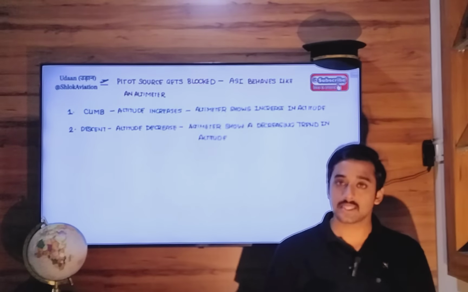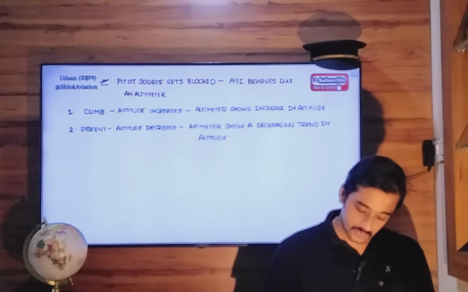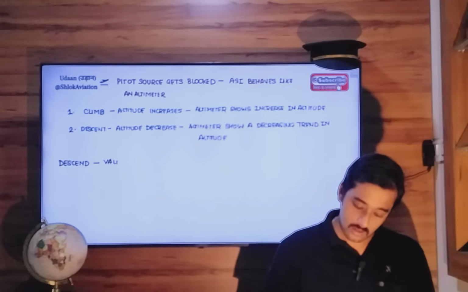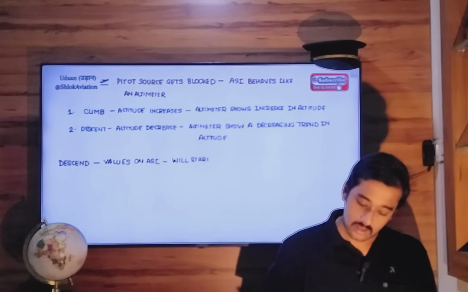So similarly, ASI will behave like an altimeter, meaning whenever you descend, the values on your ASI indicator will start decreasing.